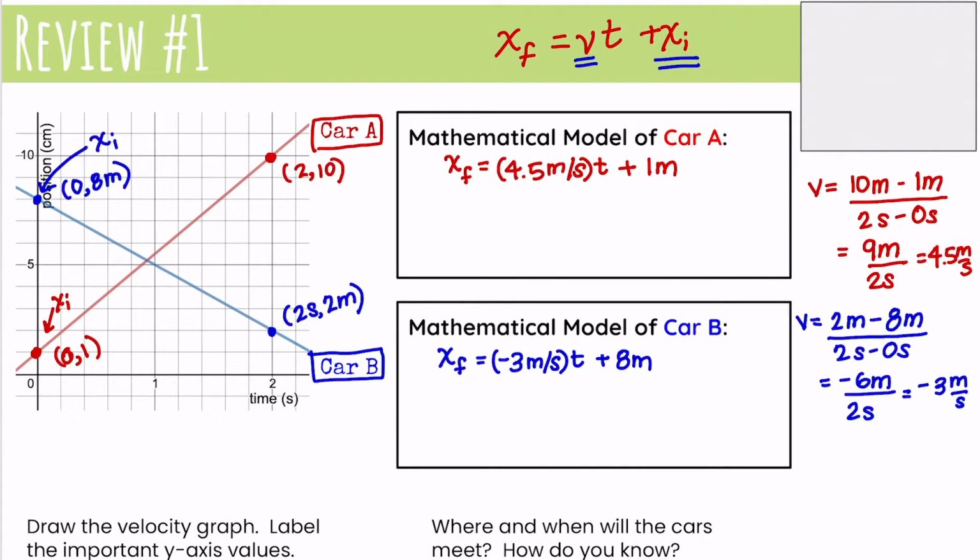And so this is our mathematical models for cars A and B. So just a reminder, velocity is right here that we calculated. We calculated the slope of the graph on a position-time graph to get our velocity. And we looked at time 0 to get our Y-intercept.